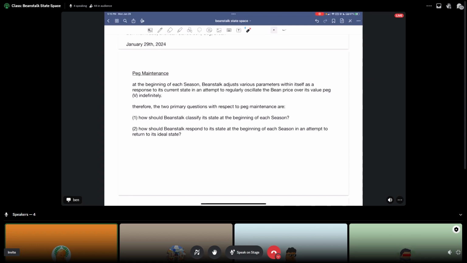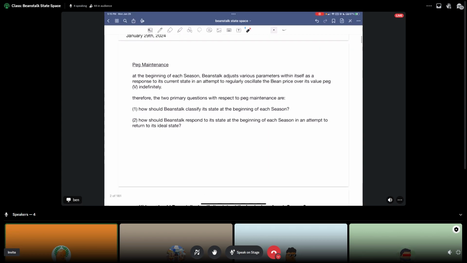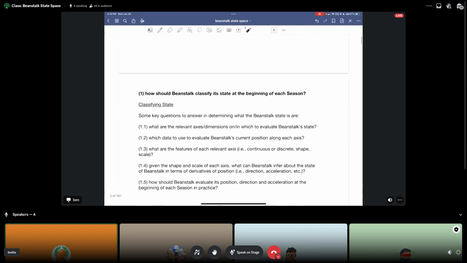And two, how should it respond to its state at the beginning of each season in an attempt to return to an ideal state? And so, to the extent that this discussion is talking about the new seed gauge and the incorporation of the L2SR into the new peg maintenance model after the seed gauge goes live, these are the two questions which our discussion is mostly going to be focused around.